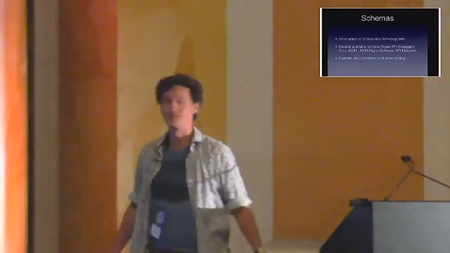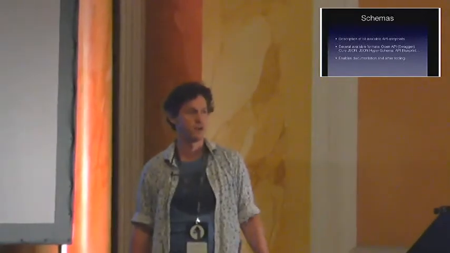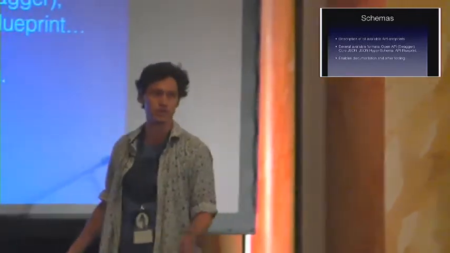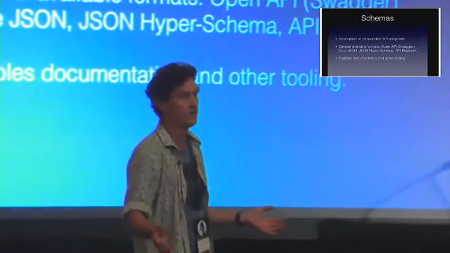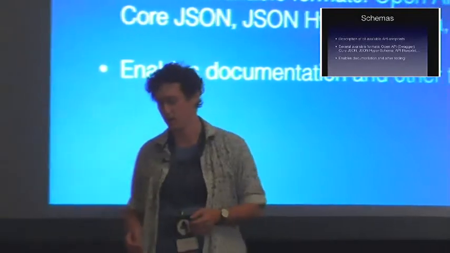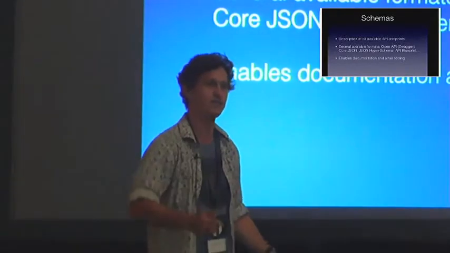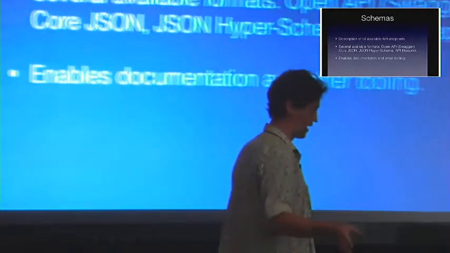We'll start with schemas. An API schema is an upfront description of the entire API. That will primarily be about exposing the different endpoints that a user can interact with for the API.